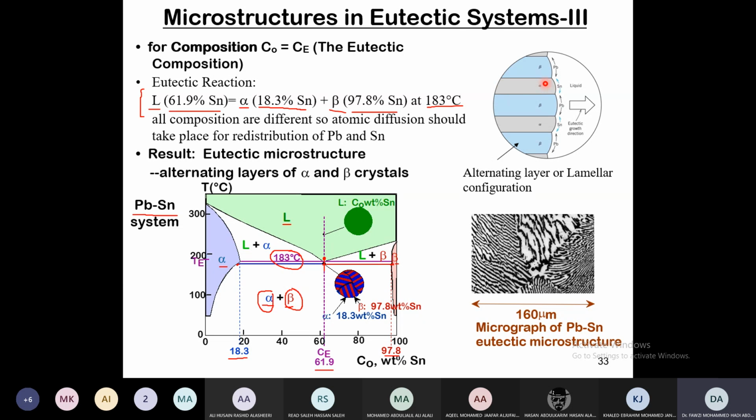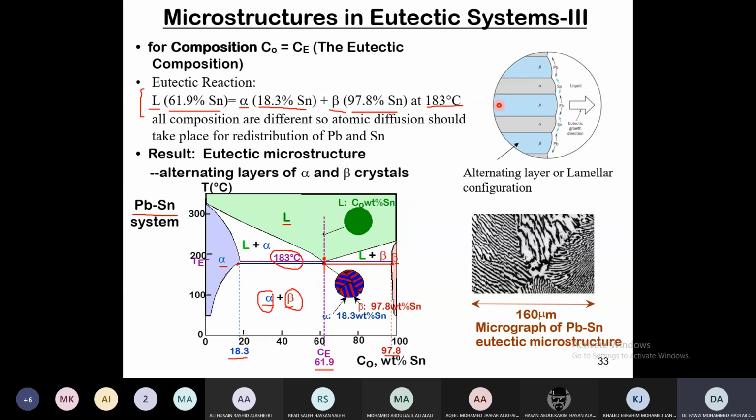The same thing with this area. It's going to push the tin to the sides, because that's much easier to do than developing a different microstructure. So it pushes the tin to the side here and there, and this becomes a lead-rich area, and it forms an alpha. The same thing here, and the same thing there, and so on and so forth.